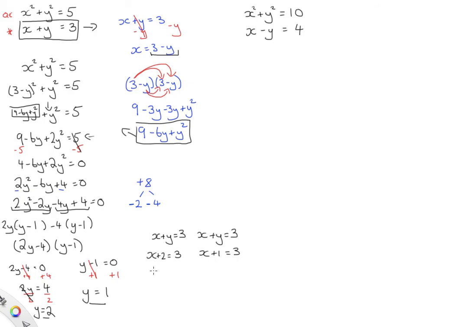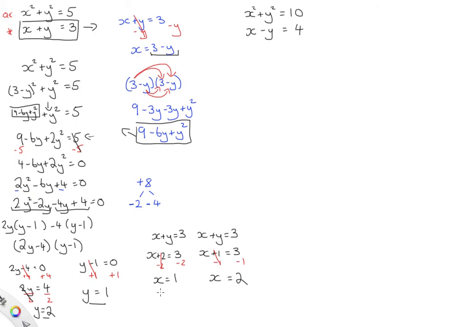And now we solve this. Here we minus 2 from both sides. Over here we minus 1 from both sides. They cancel, they cancel. So our next line is x is equal to 1 and x is equal to 2.